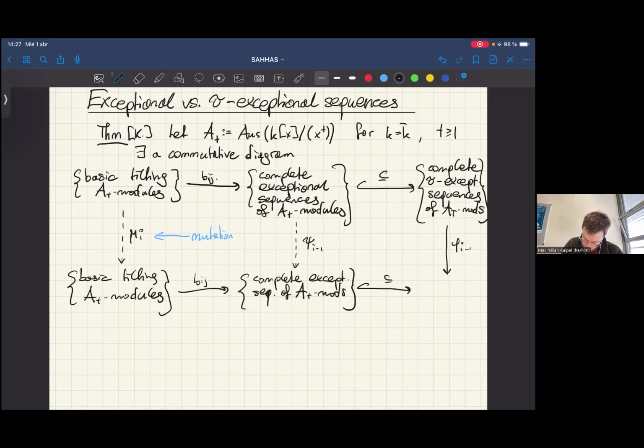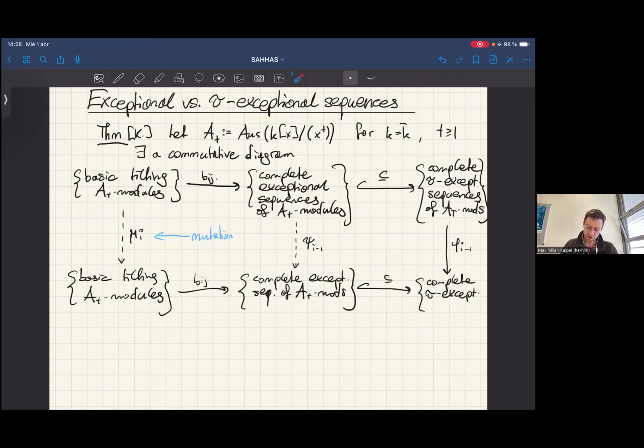This is always possible. And what this diagram is saying is that if these mutations are possible, then firstly, this diagram on the left commutes, so somehow the mutation of tilting modules is in correspondence with the exceptional sequences one, but this maybe you already know, not so interested. I'm more interested in the diagram on the right-hand side.